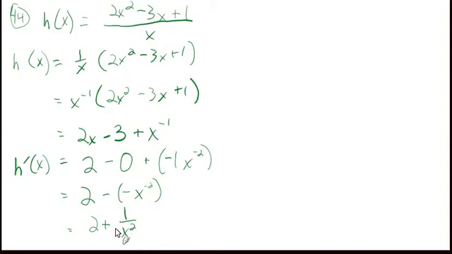The reason it's that way is because negative times negative is a positive, and then I just change this to be more proper, 1 over x squared.